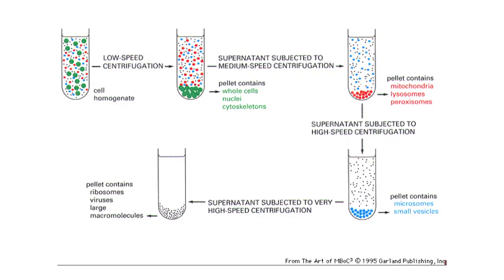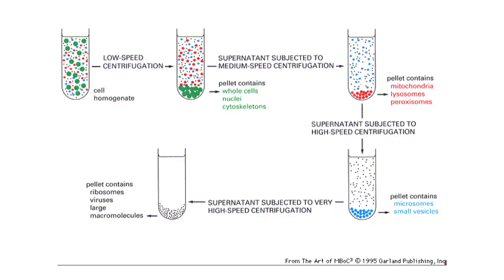So based on the component from the cell that you actually require, you can choose that speed. But generally it is recommended, if you need something like mitochondria, lysosomes or peroxisomes for any kind of experiment, you first give it a very slow centrifugation so that you can eliminate the whole cells, nuclei, and cytoskeletons before you start to extract the mitochondria, lysosomes and peroxisomes.